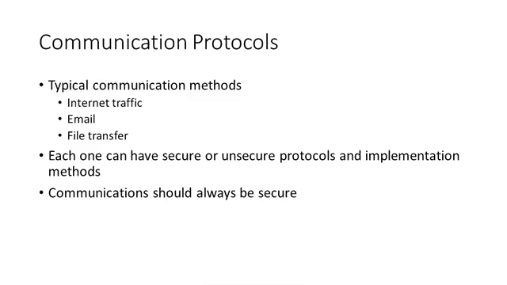Typical communication methods: we have internet traffic, we have email, and we have file transfers. These are our big three communication methods that we are all familiar with and use on a daily basis. Sure, there are a lot of other communication protocols, but if you're an executive, you understand that I'm going to be using internet traffic, I have email traffic, and I have to transfer files back and forth to other people.